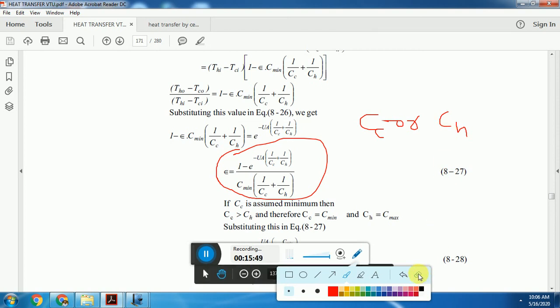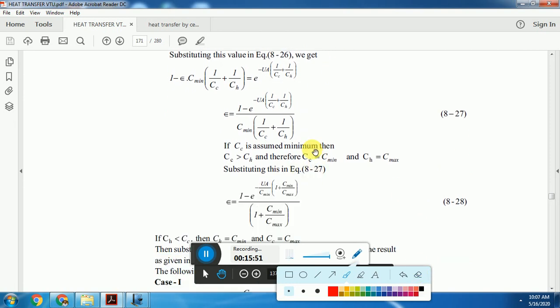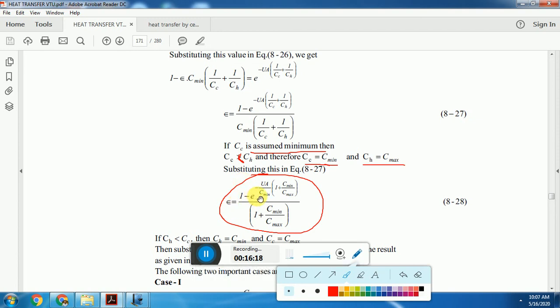It may be Ch, or suppose Cc is minimum. If Cc is Cmin and Ch is Cmax, then we will get epsilon equal to 1 minus e raised to minus UA divided by the same equation.